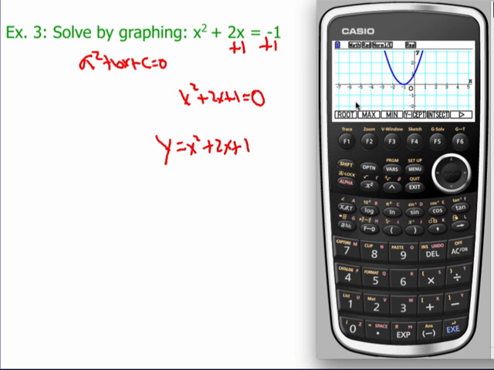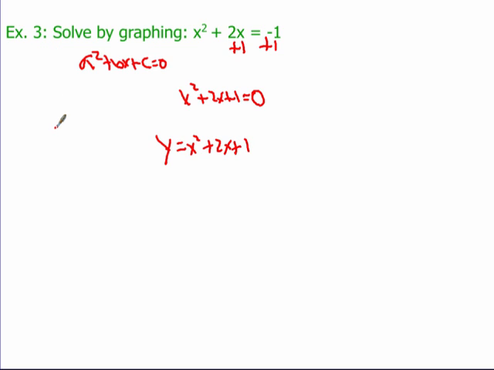Remember I told you root was another word for x-intercept, another word for solution. So I'm going to hit that. It's going to calculate, and it's going to tell me that yes, -1 is my answer. I've graphed this and found the root, so -1 is my answer. -1 is x.